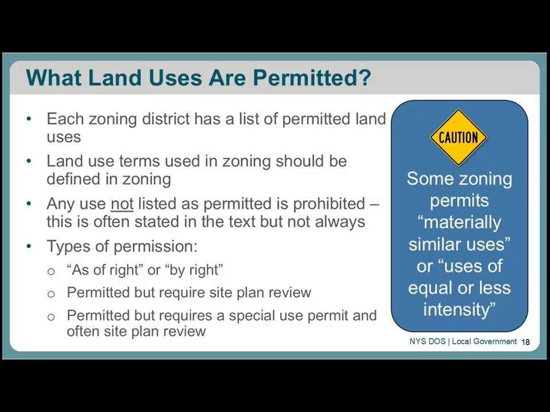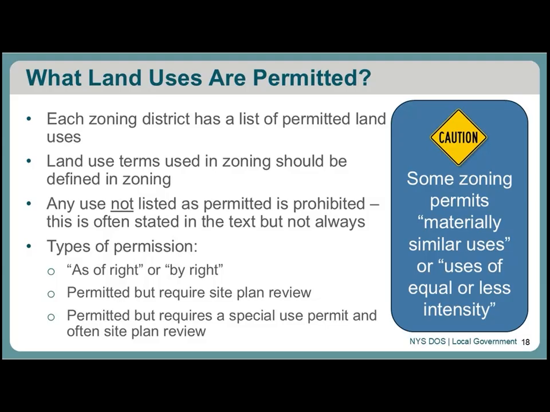And then within that, there are different types of permissions. So if you hear the term as of right or by right, that typically refers to a land use that's permitted that doesn't need any other reviews or approvals as it pertains to zoning. The use may need a building permit because it triggers the building code, but it doesn't necessarily need anything else from zoning.